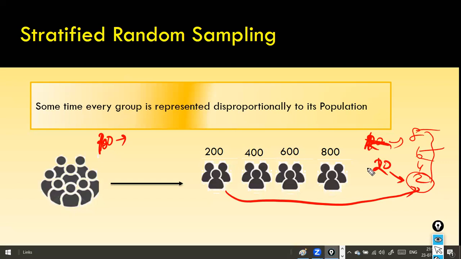So in the case of a disproportional sample, you need to use some common sense and then draw the sample. For example, your sample is 100. Make sure that in this population you are drawing more. Here you draw at least 50 and 40, and here, let's say, 20.